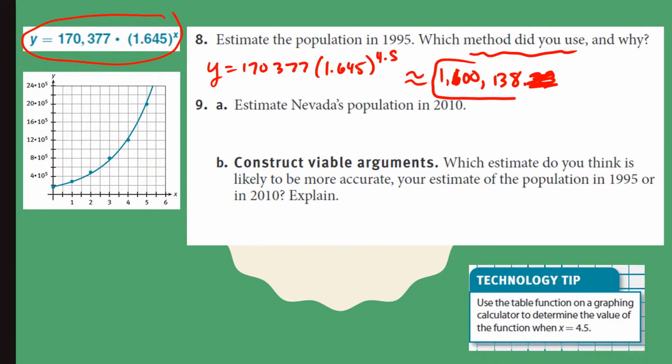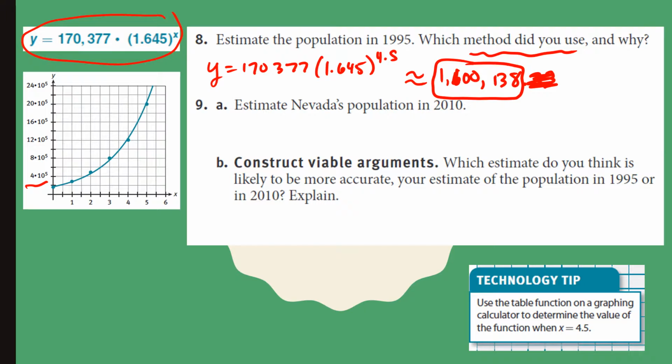So about 1.6 million. And I just realized I accidentally said on number 7 when I was predicting about 160,000. So that's the other thing dangerous about using graphs: if you're using different scales or powers like this, you accidentally use the wrong unit.